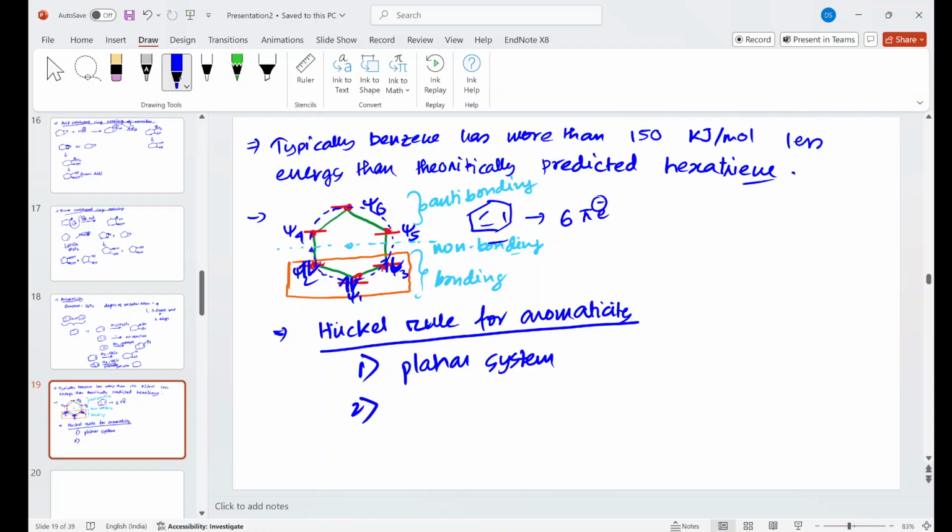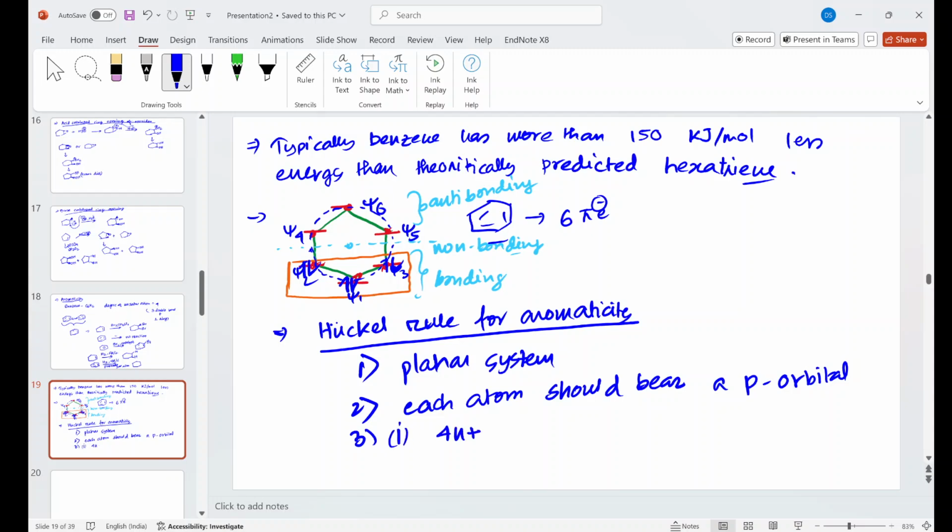Second rule is each atom should have a p orbital. And third one is when the first two are satisfied, then you have two conditions. One, if you have 4n plus 2 pi electrons, it will be called as aromatic.